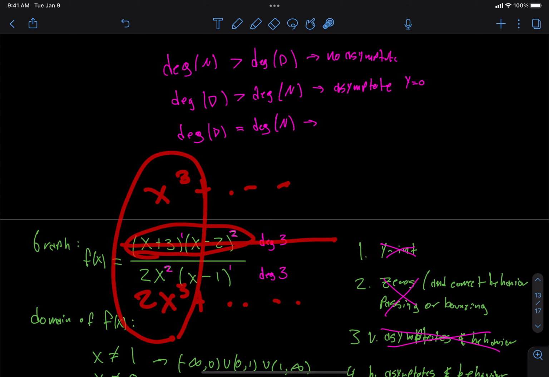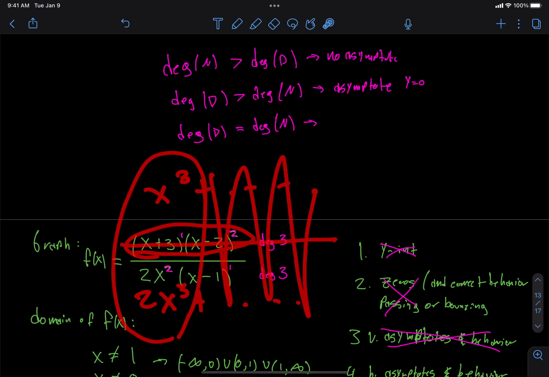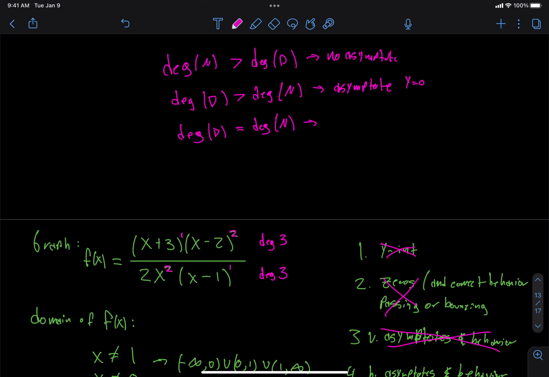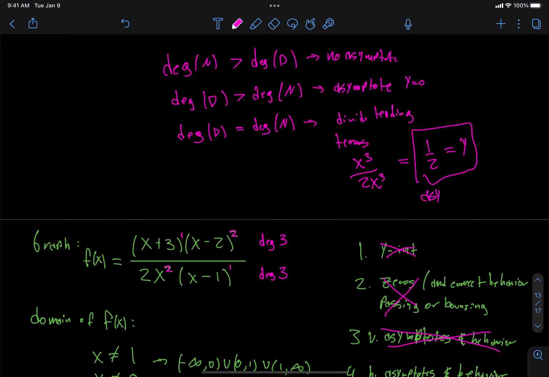So I'm just going to forget all of the other stuff, and just divide the leading terms, which for us means x cubed divided by 2x cubed, which gives us 1/2. So y equals 1/2 is the asymptote.